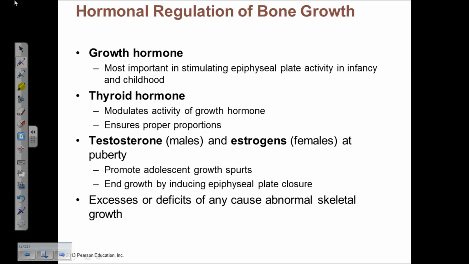By itself it can't do much, but it modulates the activity of the human growth hormone, and testosterone and estrogen that are responsible for the growth spurt during the adolescence, when people go through the sexual maturation and those hormones are actually being produced. So they actually close the epiphyseal plate. They are responsible for the epiphyseal plate closure. Alterations in those hormones will cause the abnormal growth.